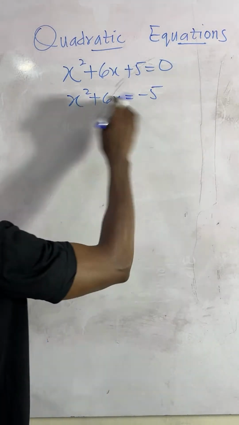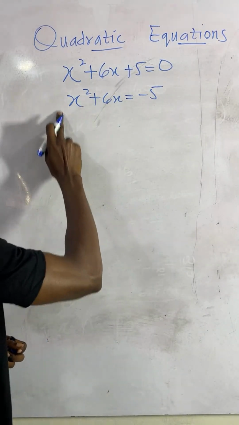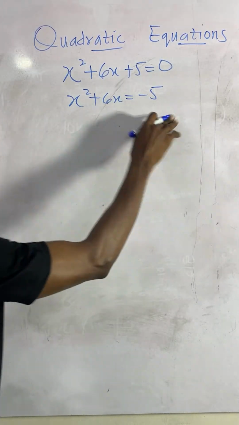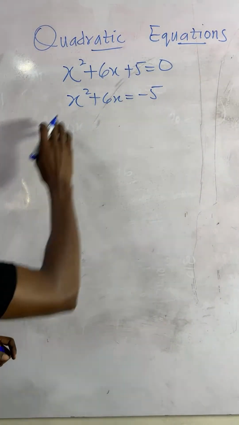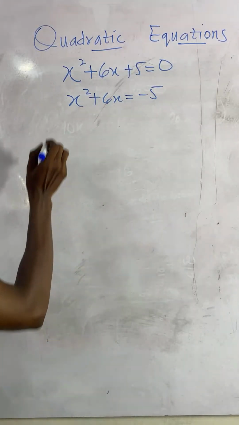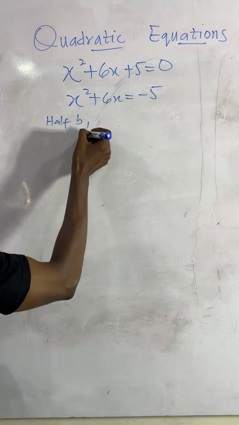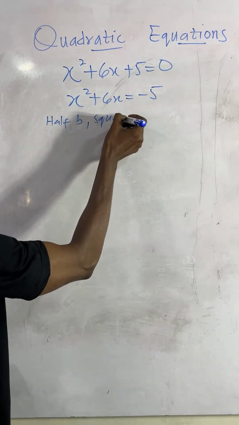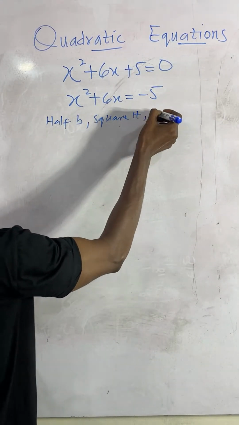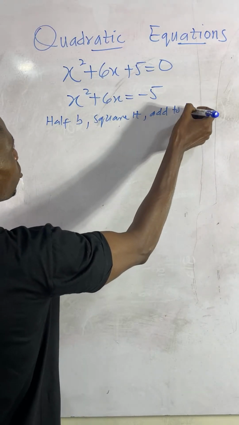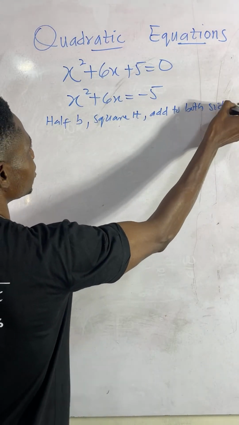We divide throughout by a. Our a is 1, so that step is not applicable, because we'll get the same thing. So what do we do? Half b, square it and add to both sides.